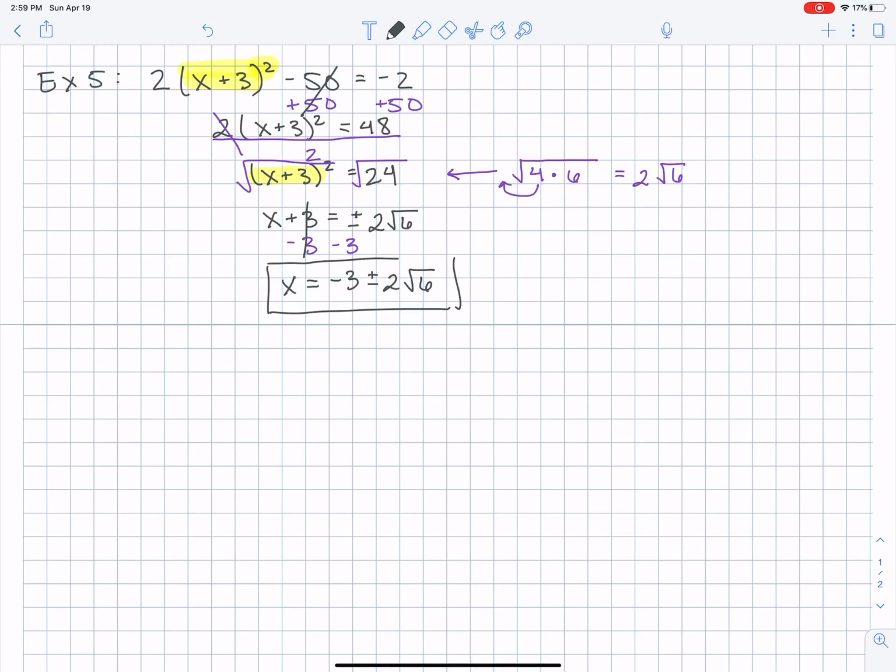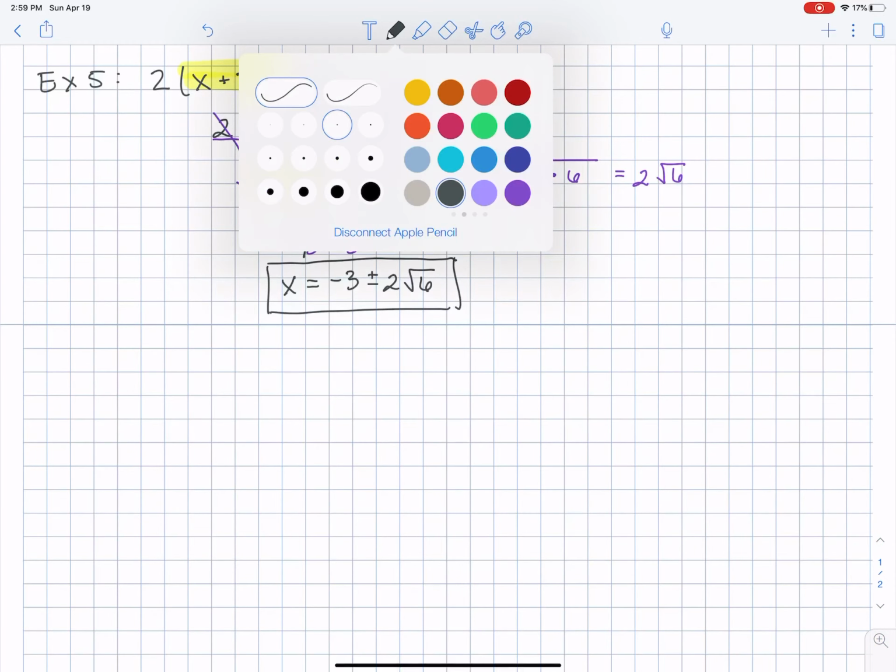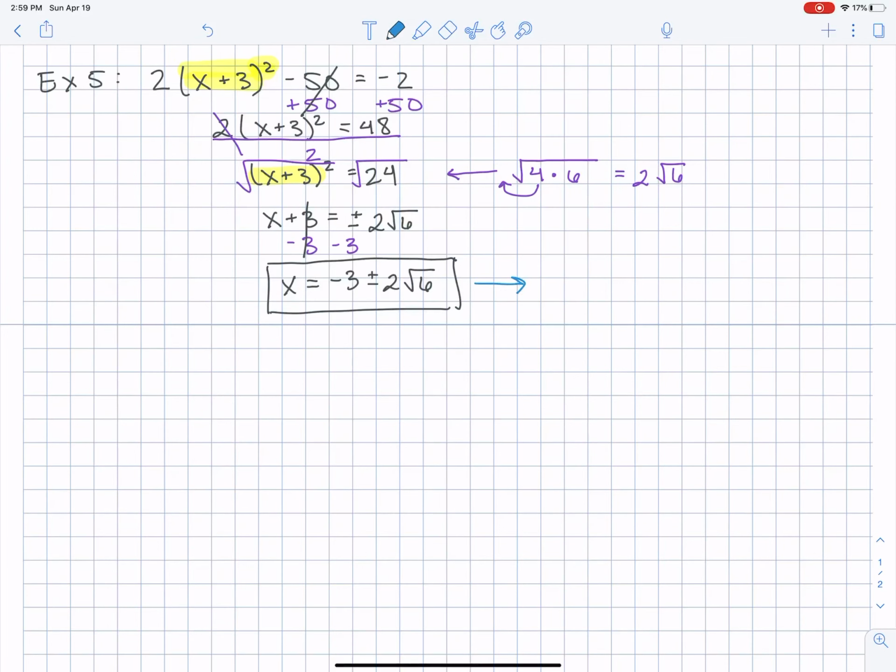I'm going to box it, and then I'm going to tell you what this means. This means that my 2 roots are going to be x is equal to negative 3 plus 2 square root 6, and x is equal to negative 3 minus 2 square root 6. If you plug these into a calculator, you're going to get some decimal approximations.